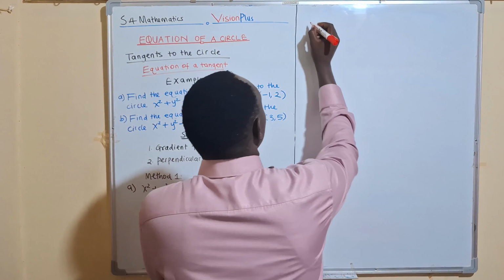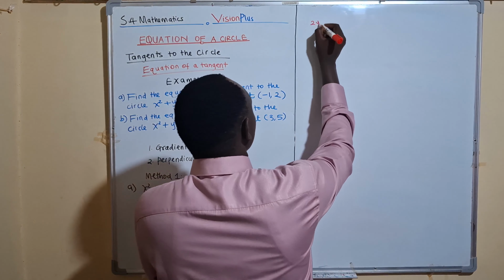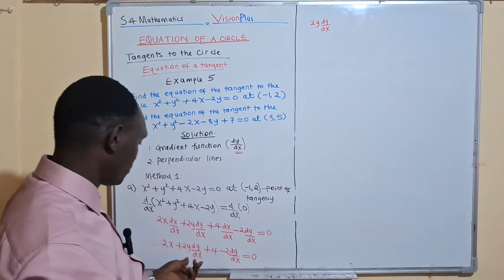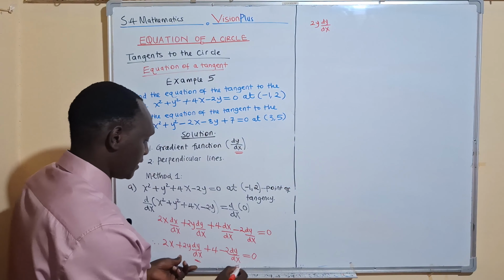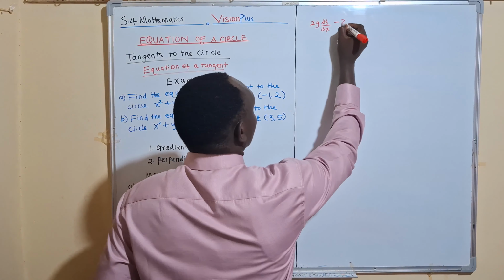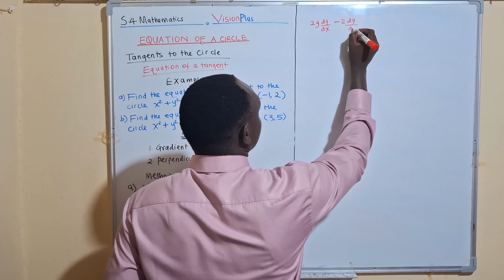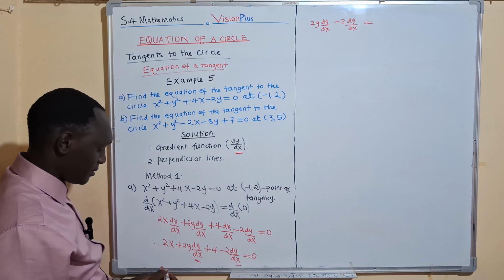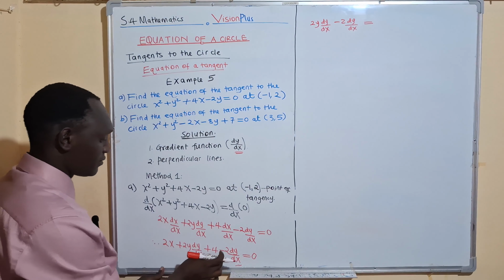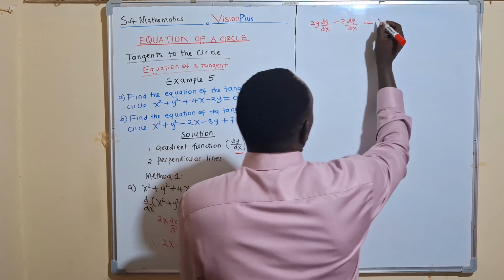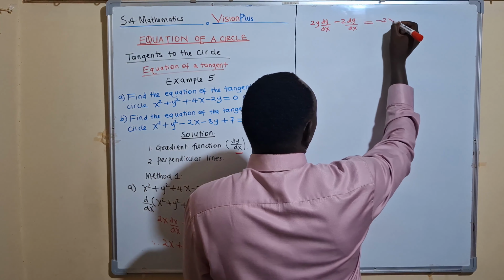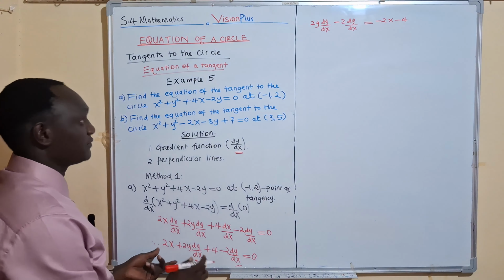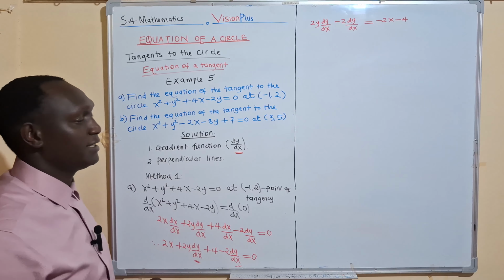So I'm going to collect the like terms. I'll have 2y dy/dx minus 2 dy/dx equals, I'm going to carry 2x and 4 to that side. Therefore, it becomes negative 2x minus 4. They become negative on crossing the equal sign.